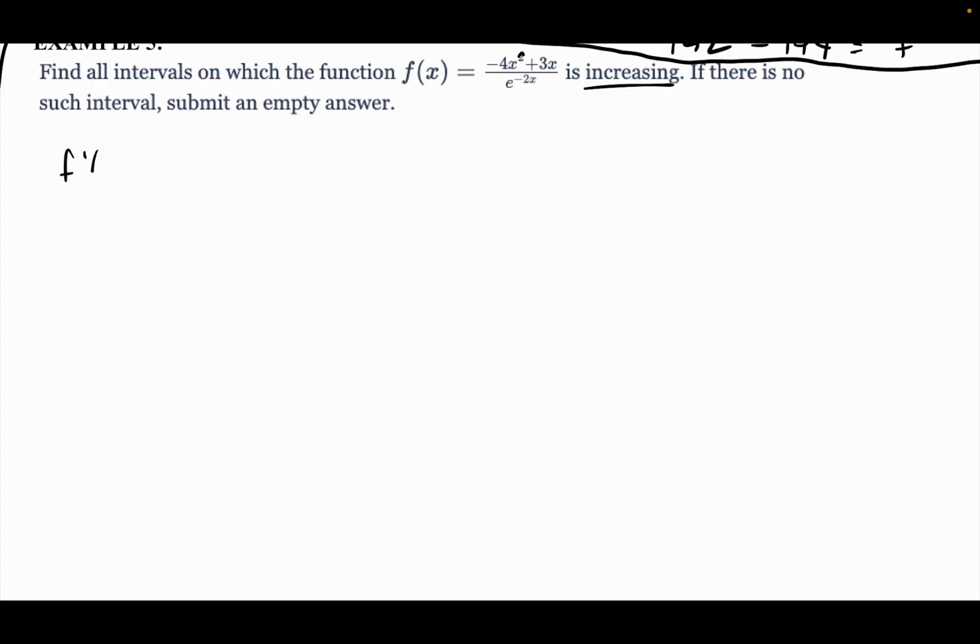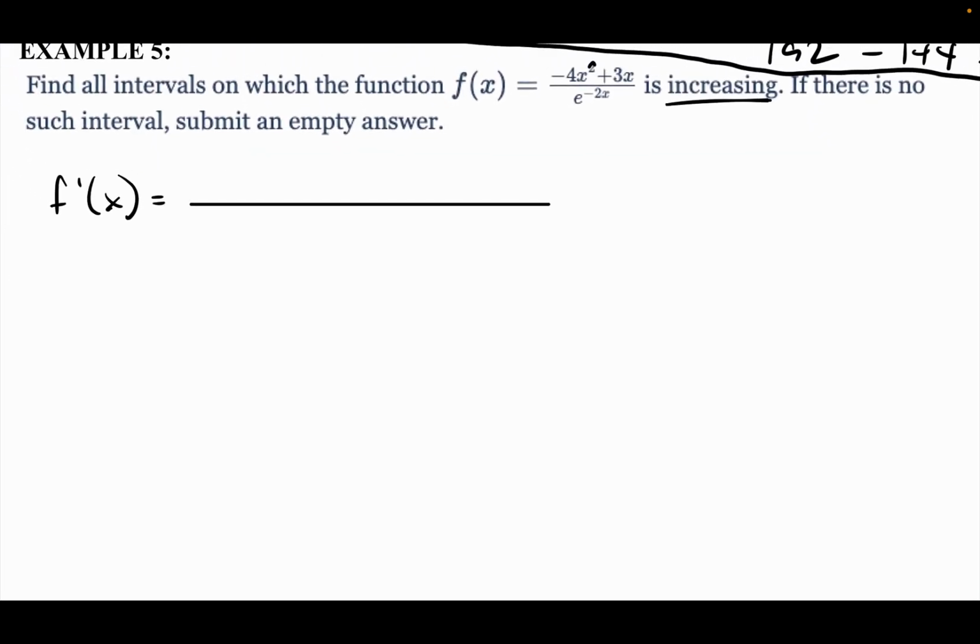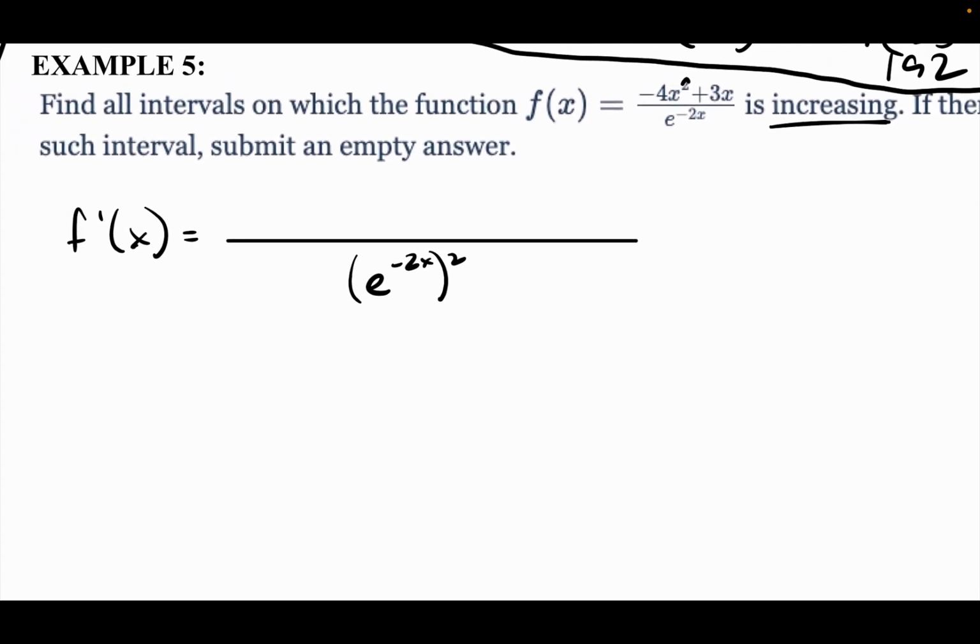So for the first derivative, I'm going to use the quotient rule since it's a fraction. So the low squared, and then I do the low times the derivative of the high. The derivative of the high is going to be negative 8x plus 3, minus the derivative of the low.